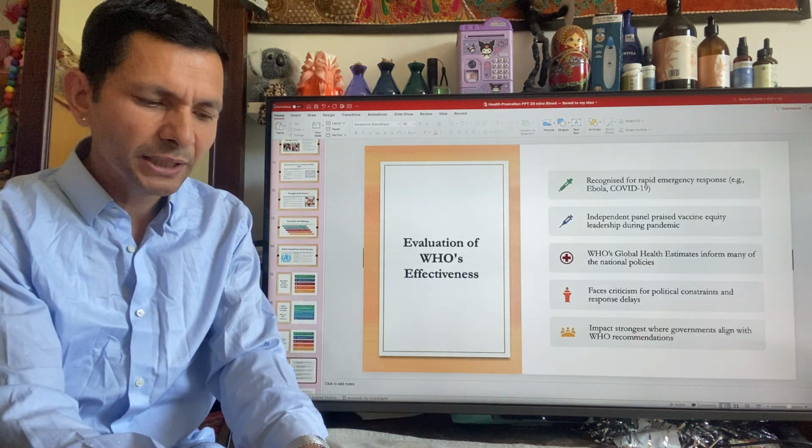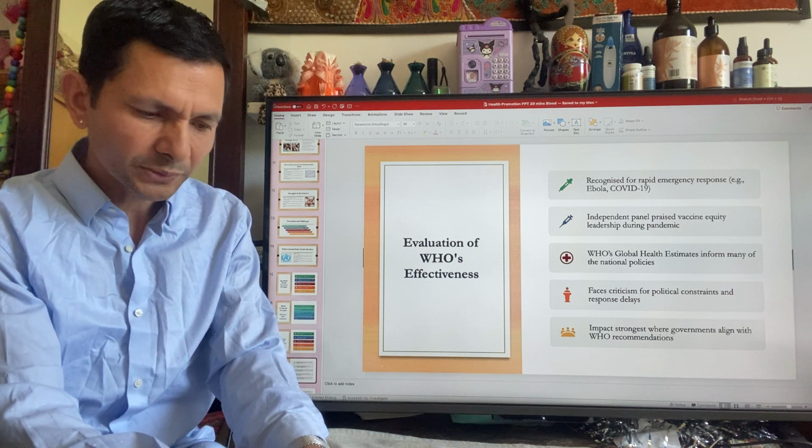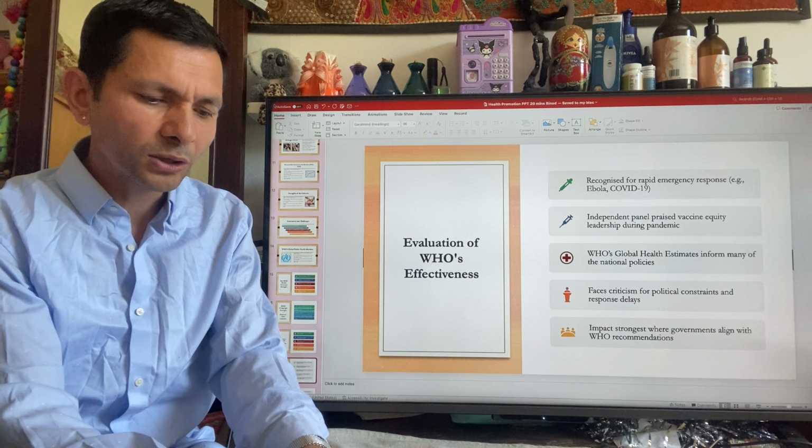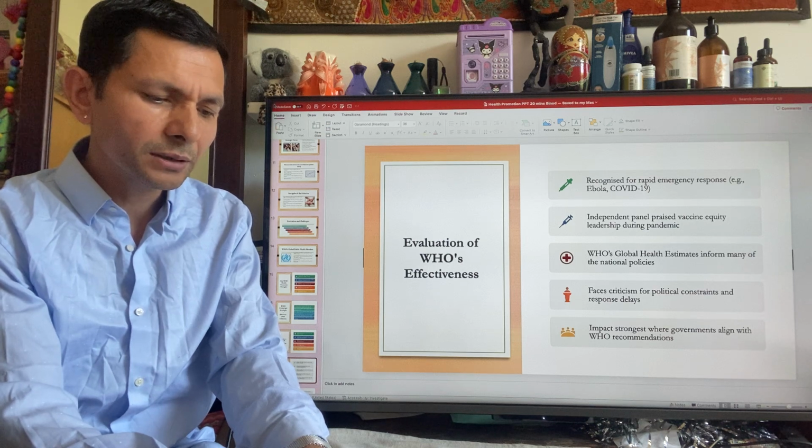Evaluation of WHO effectiveness: WHO has been praised for its fast emergency responses, including during the Ebola outbreak and the COVID-19 pandemic. An independent panel recognized its leadership in promoting vaccine equity through global mechanisms like COVAX.